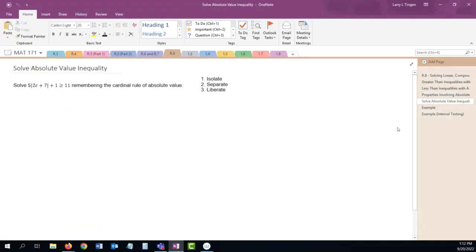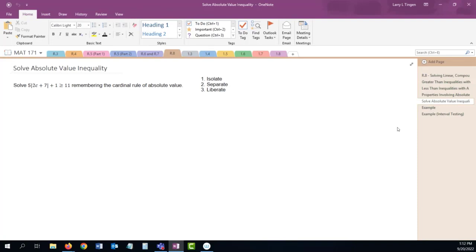All right, so we are diving right back into solving absolute value inequalities. There are the 3 steps, the cardinal rules of absolute value. Number 1, isolate the absolute value. 2, separate the absolute value.